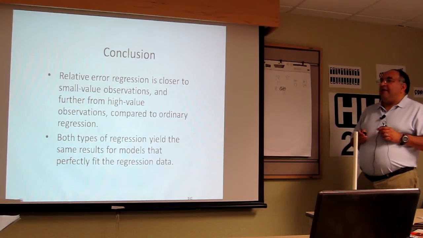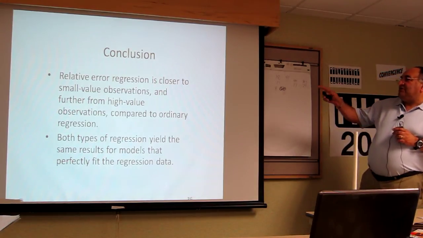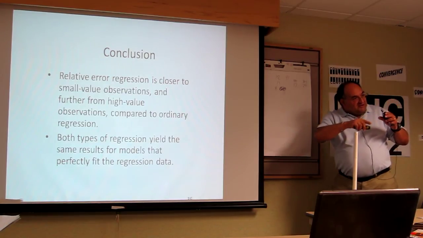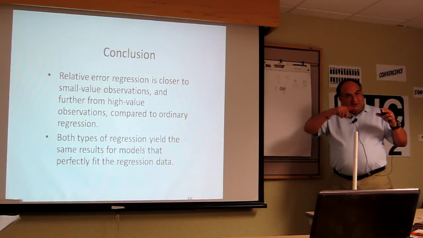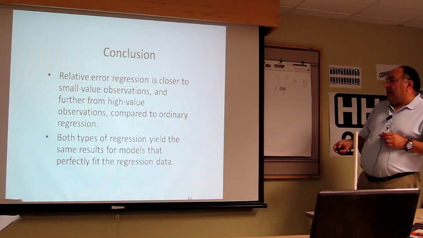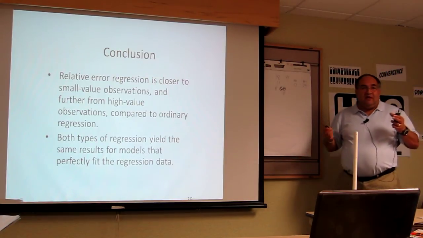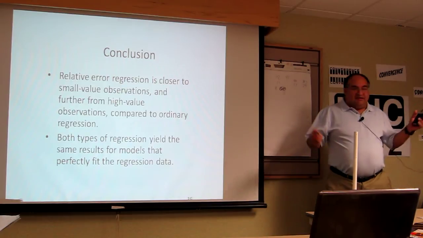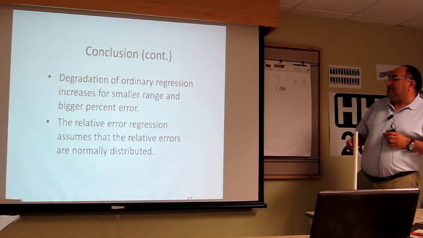Conclusion: the relative error regression is closer to the small values of observation. That's why usually its curves are below the ordinary regression curves. Now, if you give both types of curve fits data with no error, you'll get exactly the same results.